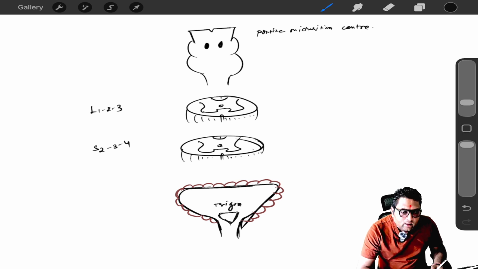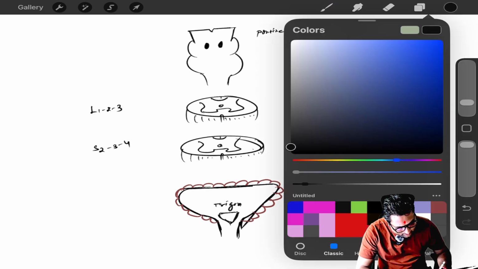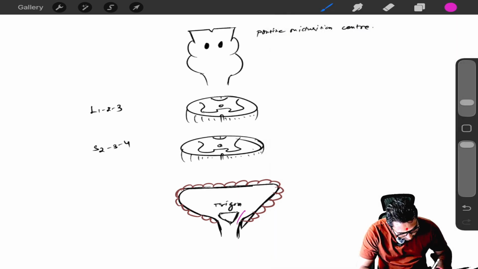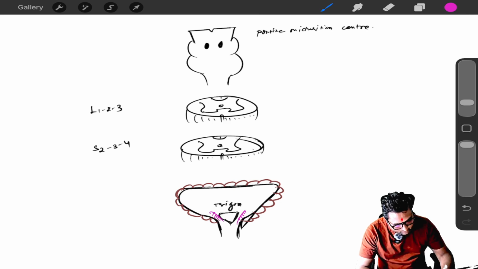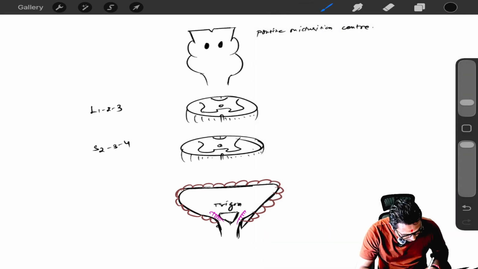And what is the clinical importance? The trigone is richly innervated by sensory nerve endings. At the lower part of the trigone, there is a sphincter, and this sphincter is called the internal urethral sphincter.